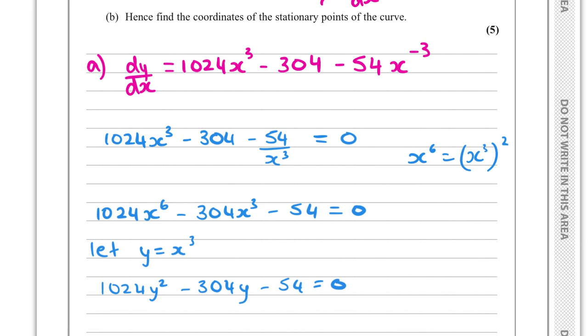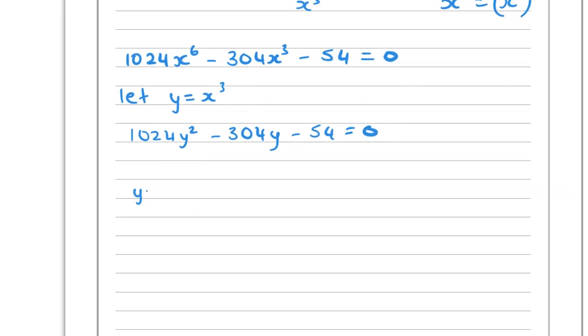Okay, and what I then get, my answer is y equals minus 1 over 8 and y equals 27 over 64.